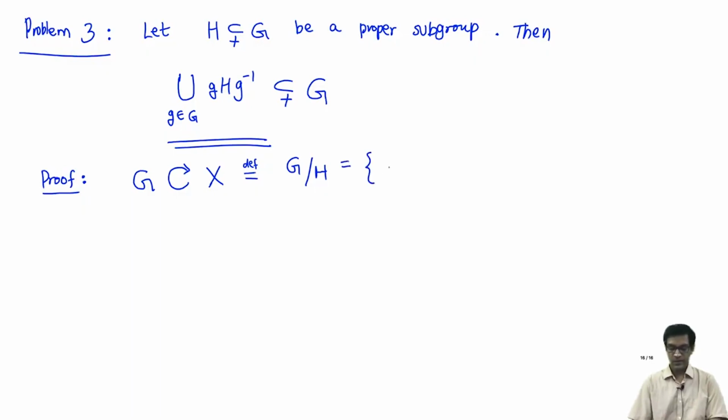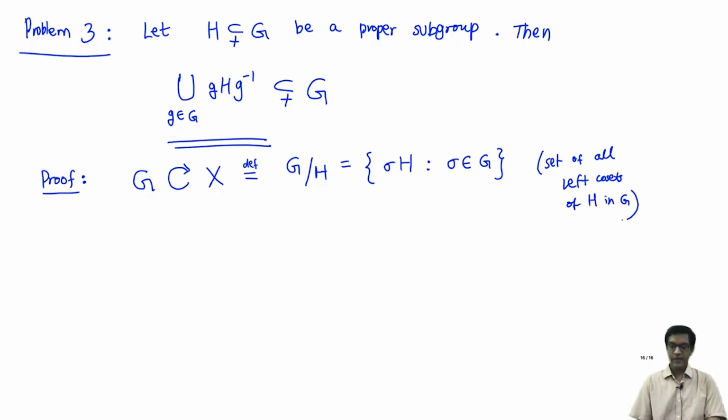Certainly this is just the set of all left cosets. So this is all σH as σ ranges over G. So this is just the set of all left cosets. Thought of only as a set, but in fact it's a set on which the group G acts.